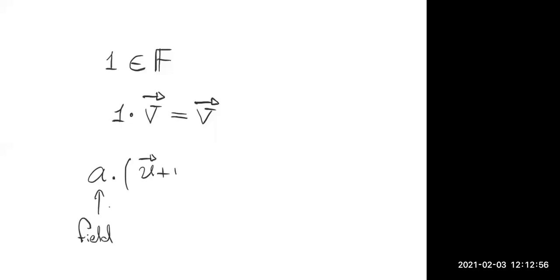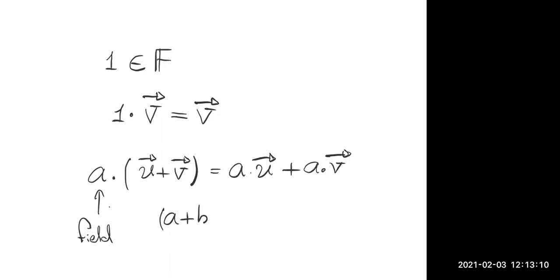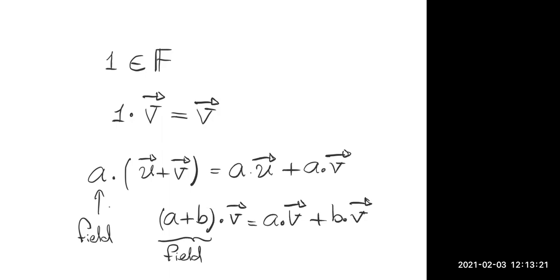If I add two vectors, say u plus v, and I multiply that by a number a, it should distribute. So it should be a times u plus a times v. And the other thing is that if I add two numbers, so these are in the field, and multiply that by a vector, again, it should be equal to a times v plus b times v. Whenever I have all these properties, I would say I have a vector space over a field.